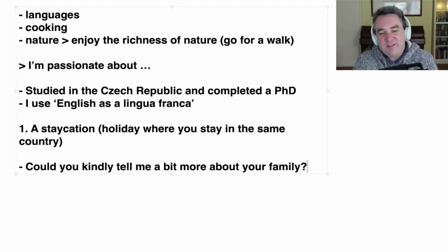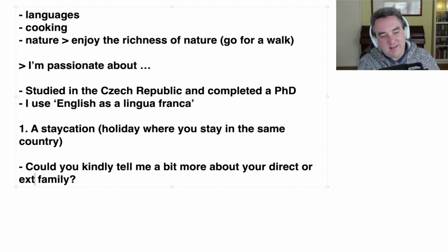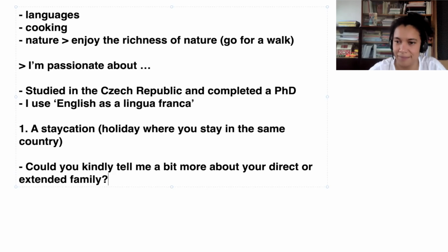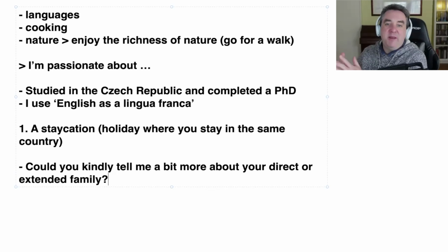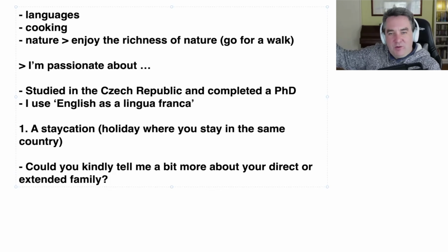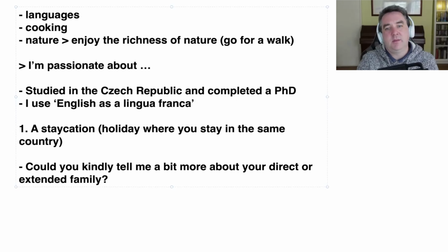So you could say, could you kindly tell me a bit more about your direct or extended family. Direct family is husband, wife, child, etc., and extended family is parents or uncles and aunts and that sort of thing. I think it's okay, but it depends on how that person receives that information.